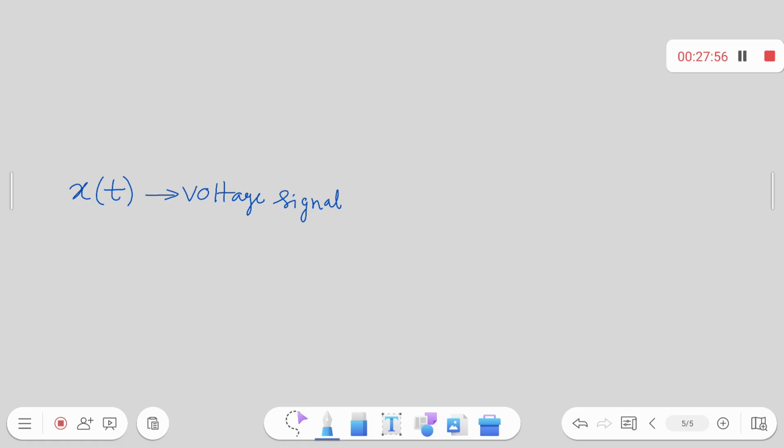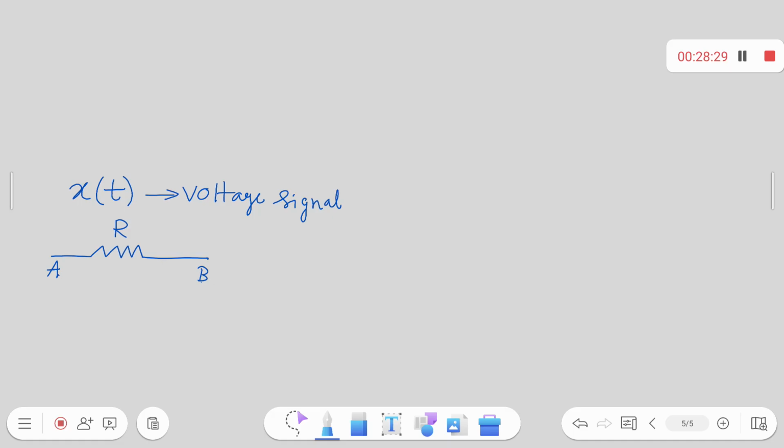If this signal is available across a resistor, with terminals A and B, and between them the applied signal is this signal x of t, and this is a resistance value, then the question is: what is the power dissipated? How can you measure the power dissipated?